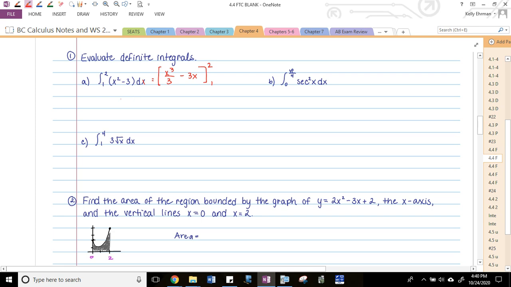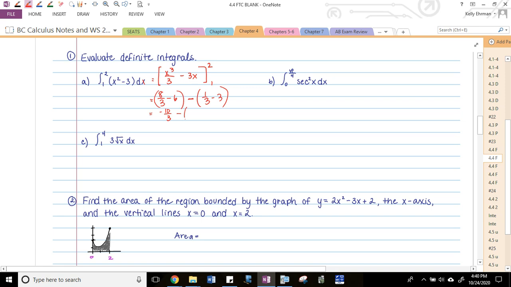And then remember, the order in which you subtract makes a difference. So it's got to be 2 first and then minus 1. So plug in 2, you get 8 thirds minus 6, minus, 1/3 minus 3. I suggest using parentheses just so that we're being careful here. 8 thirds minus 18 thirds is negative 10 thirds.